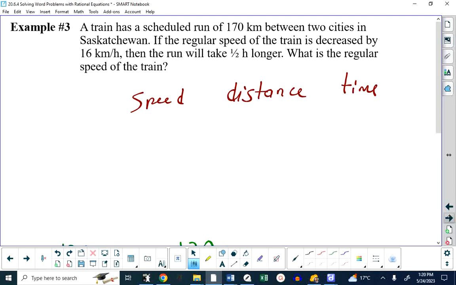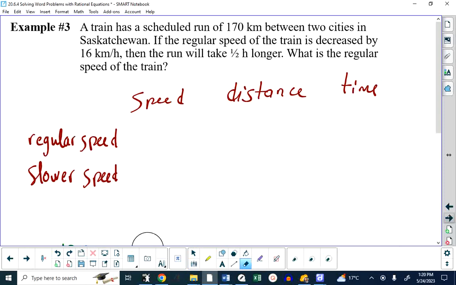So we're going to have regular speed, and slower. Smaller speed, slower train. Now, I mean, you have to try to memorize something here.